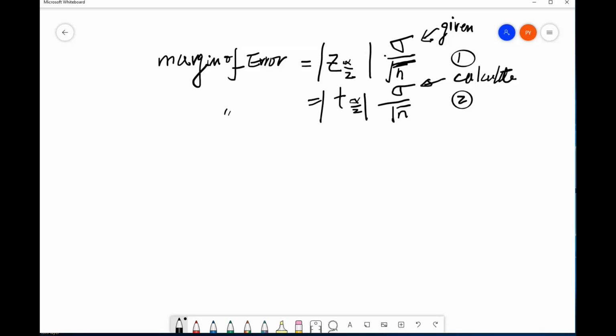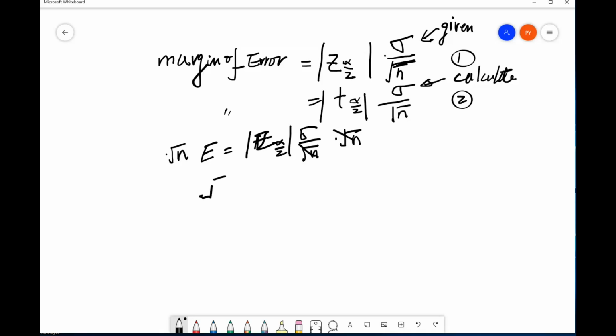Let's assume the margin of error is E. We are going to derive equation number 1; equation number 2 will be identical. So E equals z of alpha divided by 2 times sigma over the square root of n. Both sides times the square root of n, then n cancels.